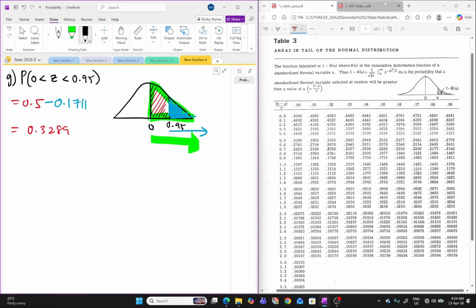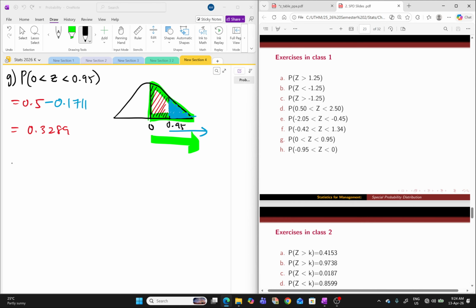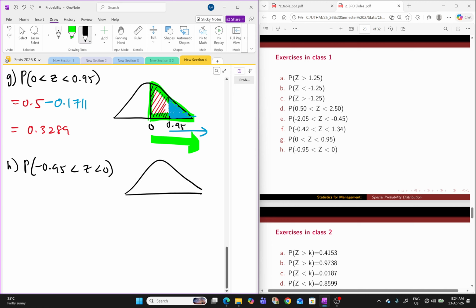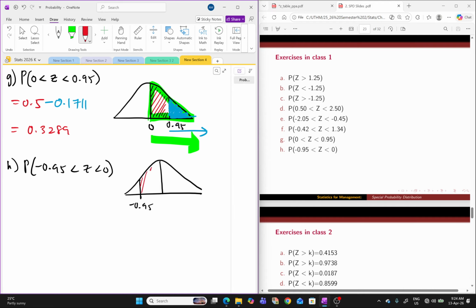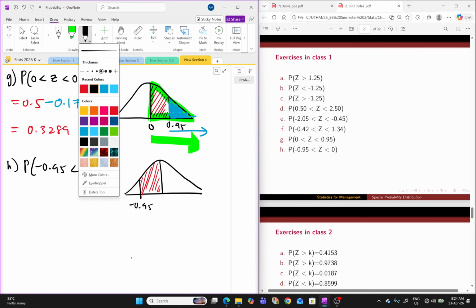Alright, H, negative 0.95. This is easy. It is now on the left hand side, and then the shaded part is here, but this is on the negative side.